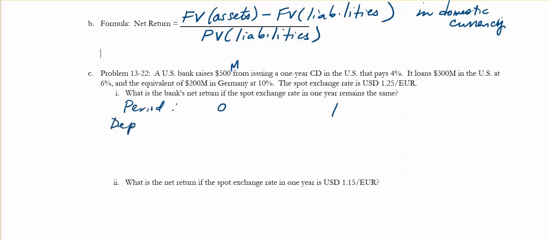We have the deposit, it's $500 million, and in 1 year, since the rate is 4%, the bank will owe its depositors $520.